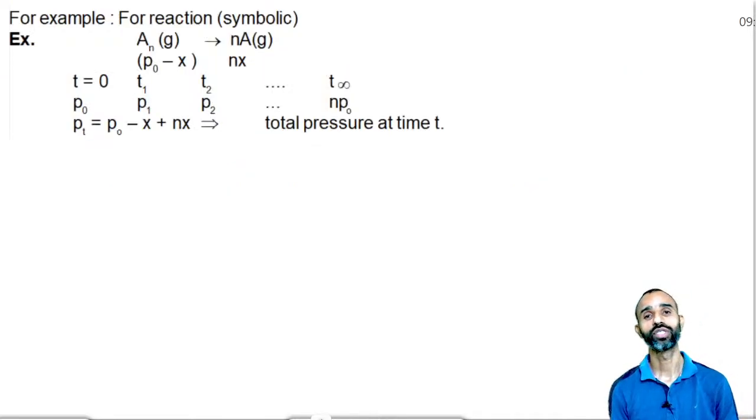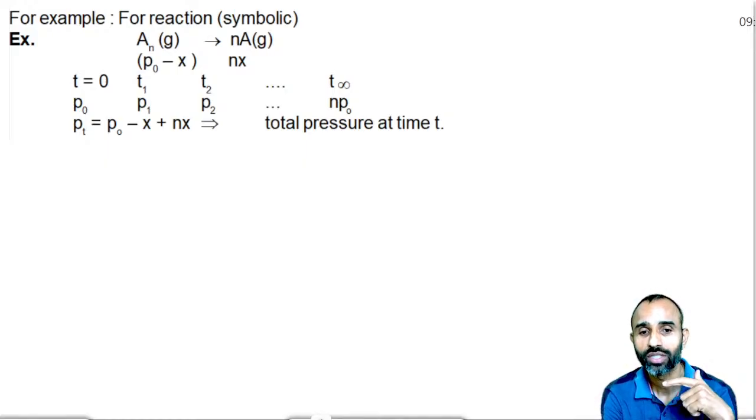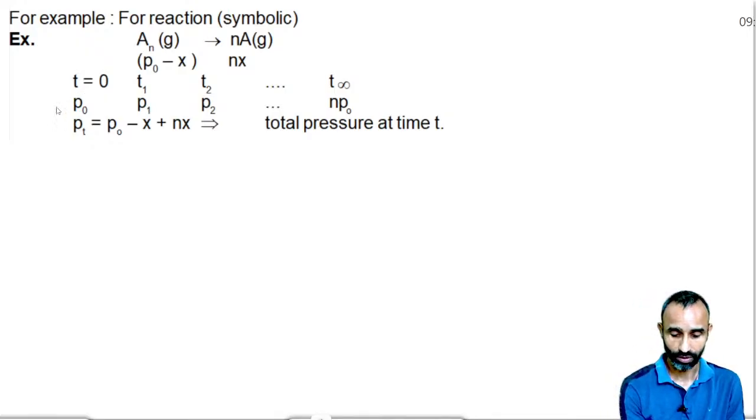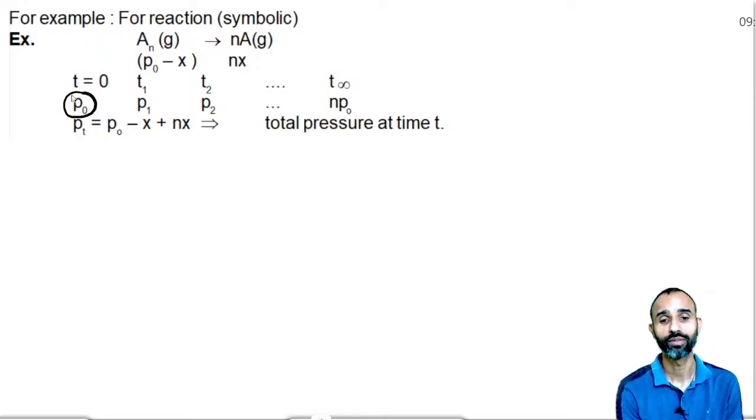Let us say this is the reaction. For the reaction A gives n gas, if values are given, at 0 time it is P naught, at t1 time it is P1, at t2 time it is P2, and at infinite time it is P infinity.